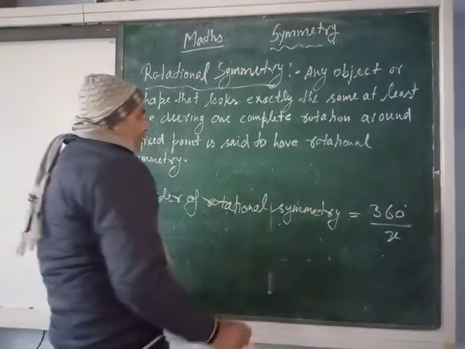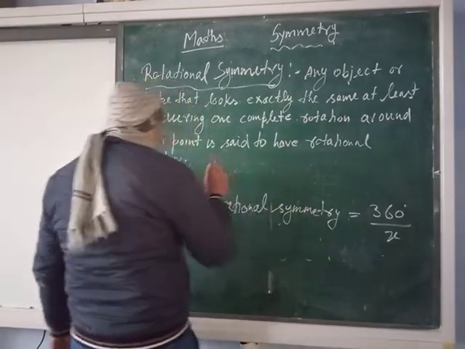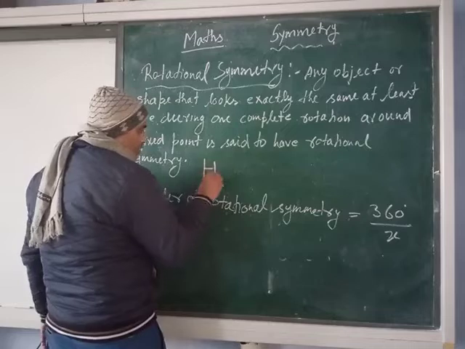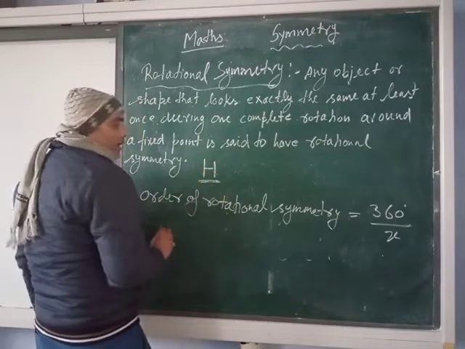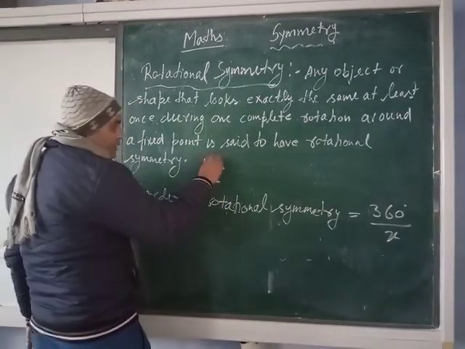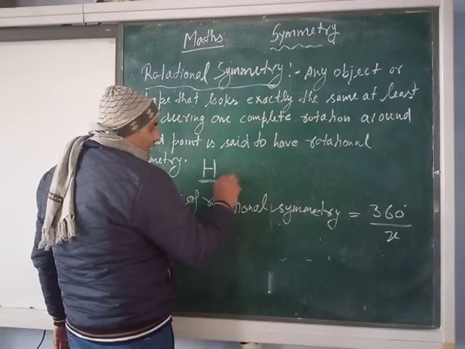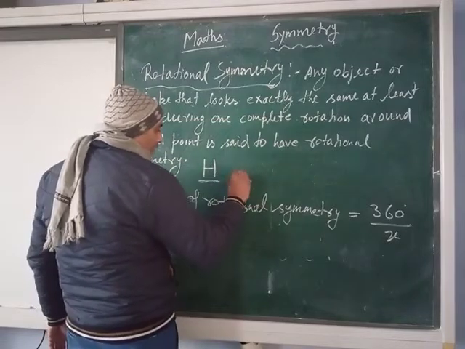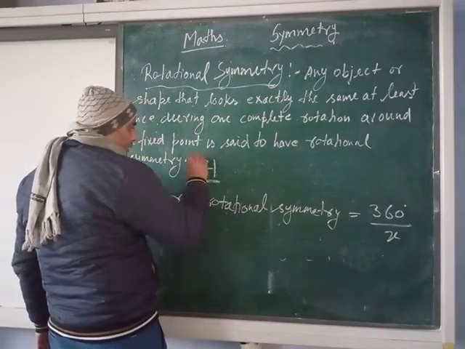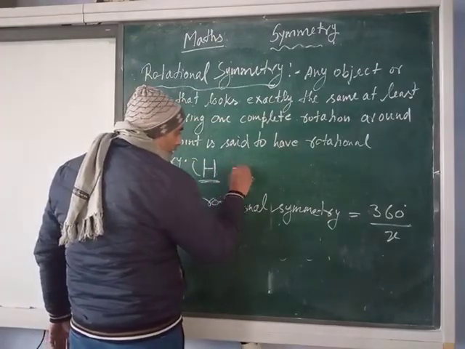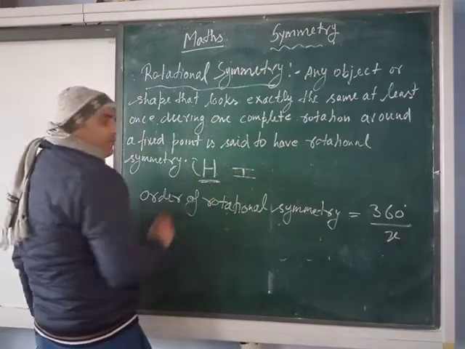Same, if anyone asks you about the letter H, then what is its order of rotational symmetry? First time it is like this; when it rotates like this, can we get the same figure?